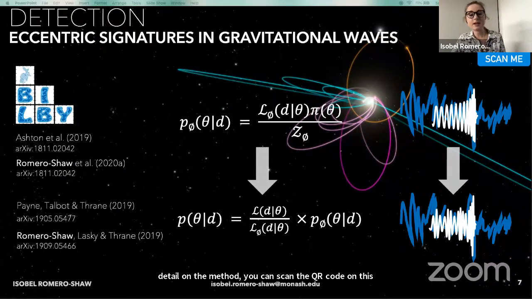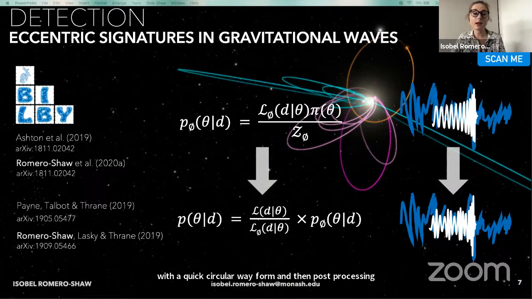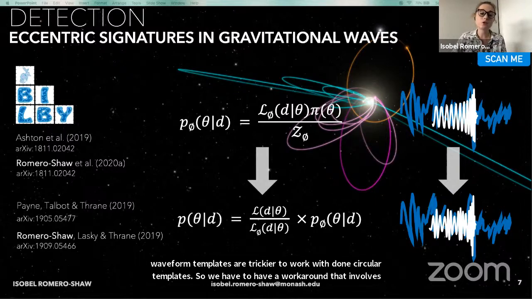Or if you want to see it in a lot more detail, you can read the 2019 paper noted in the bottom left. But basically, eccentric waveform templates are trickier to work with than circular templates. So we have to have a workaround that involves running Bayesian inference with a quick circular waveform and then post-processing these results using a likelihood reweighting method that was first demonstrated in Payne et al. 2019 with our eccentric model.